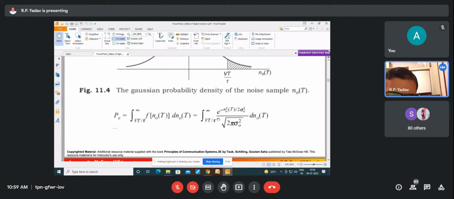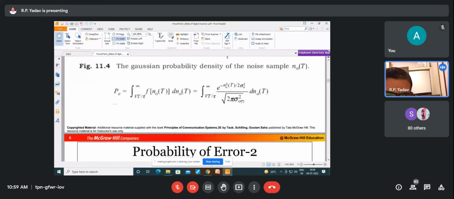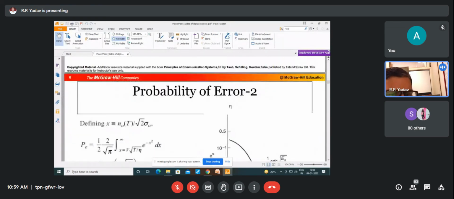What I'm writing for Fn0 is simply this Gaussian distribution function. Now, how do you simplify this expression? I define x as a variable in terms of N0t upon root 2 sigma 0.